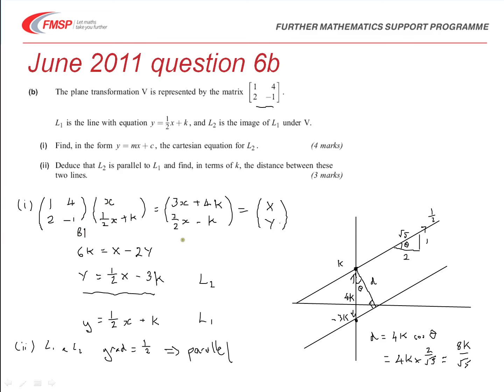But then obtaining by the appropriate method, then we get a method mark for that and an accuracy mark for getting the correct answer to the multiplication, and then showing that that then reduces to this equation of a straight line, y equals half x minus 3k. You'll get one mark for getting that correct from there.